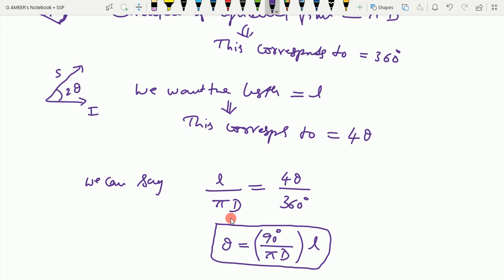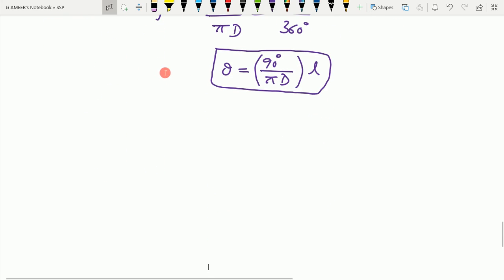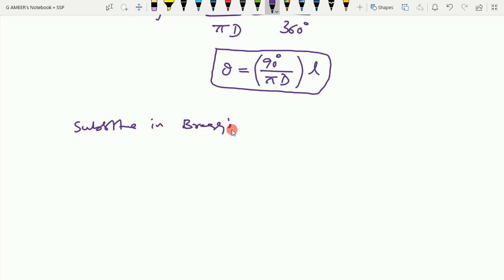After knowing this theta, you substitute it in Bragg's equation. When I substitute in Bragg's equation, 2d sin theta is equal to n lambda.